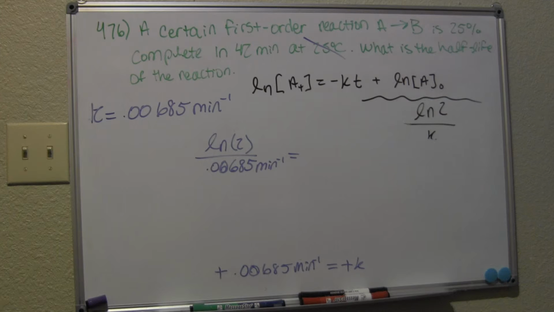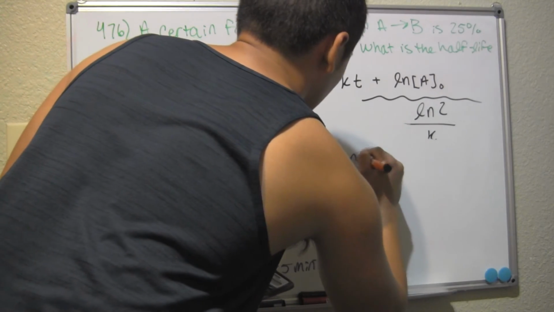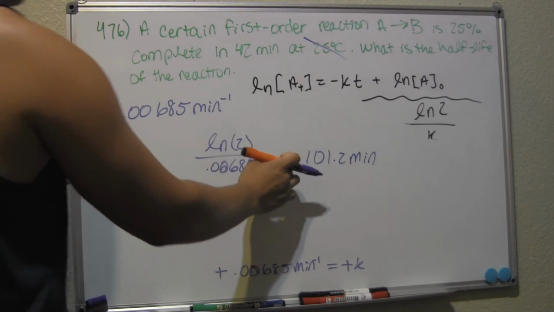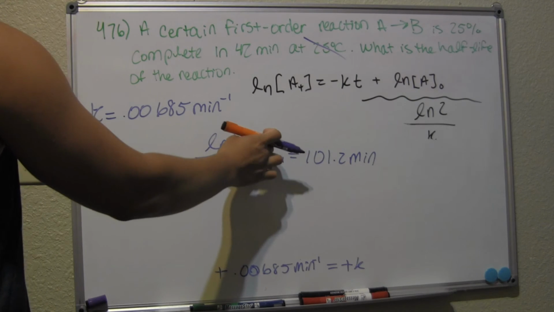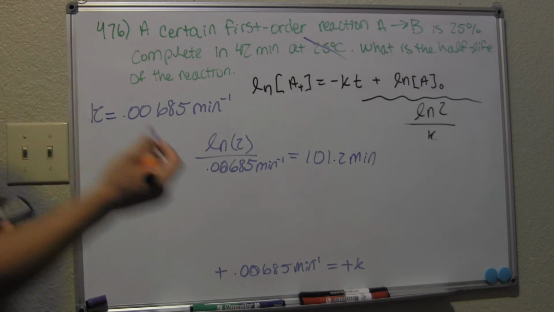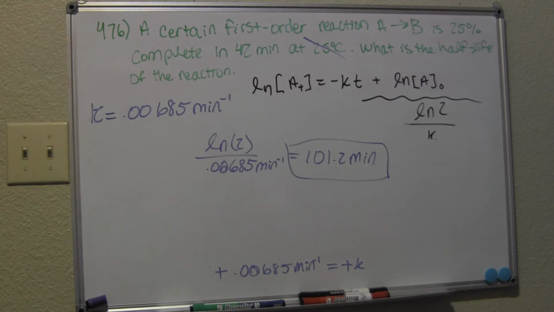Ln of 2 divided by 0.00685 is equal to 101.2, and that's in minutes, because when you have a negative exponent in the denominator, you can move it to the numerator to make it a power of just 1 instead of negative 1. So this 101.2 minutes is our answer. If you're doing the same problem set that I am, the letter answer is going to be E.